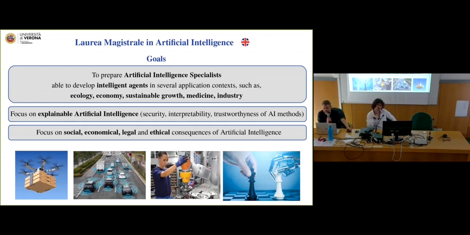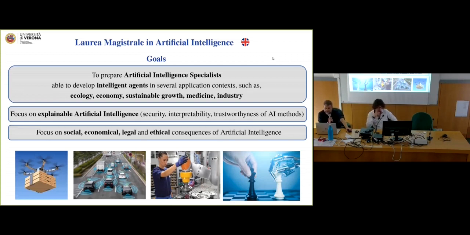We can think about ecology, for instance, economy, sustainable growth, medicine, industry, but there are a lot of fields in which you can imagine that these intelligent agents can be applied, and we will see a few of them also in the next slide.